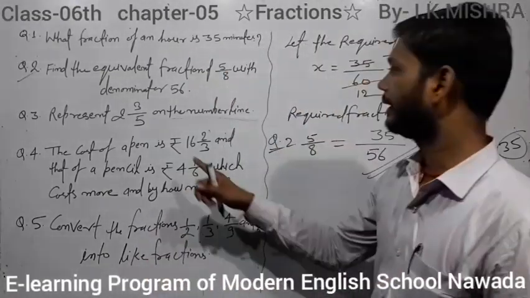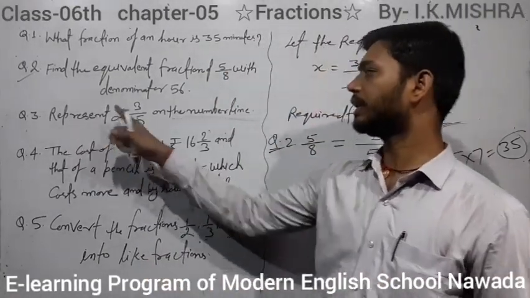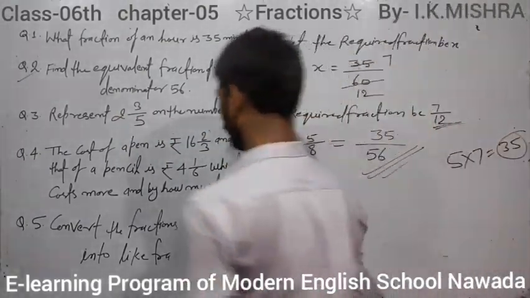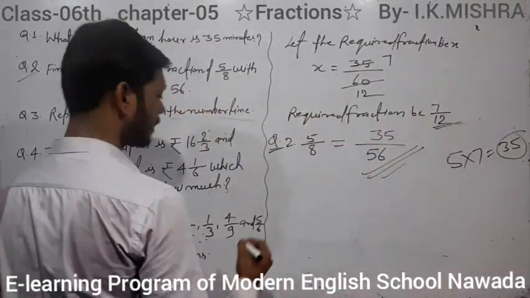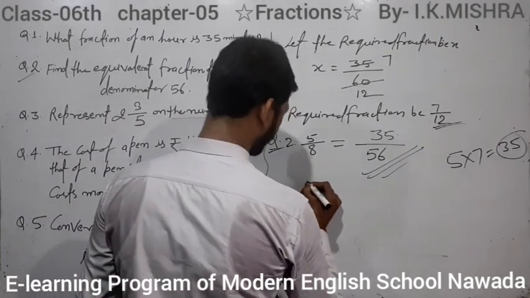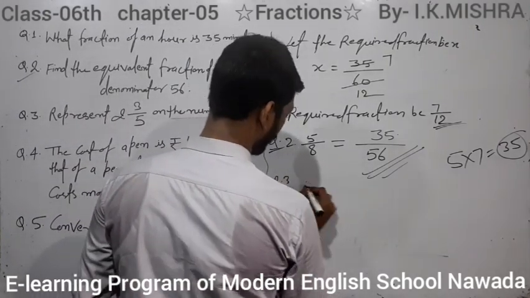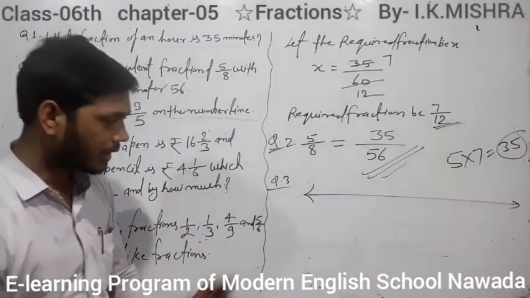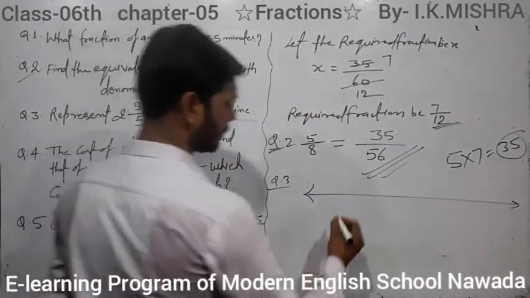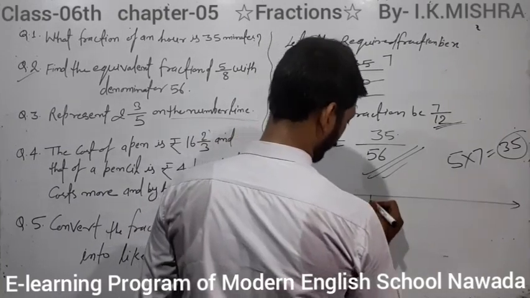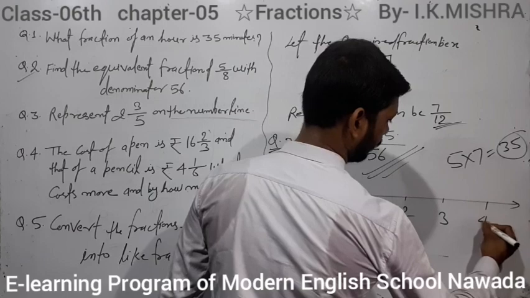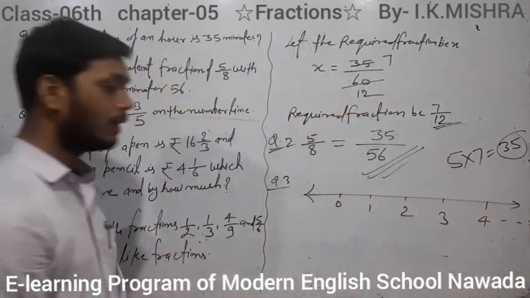Here students, in question 3, represent 2 whole 3 by 5 on the number line. I think you know the representation of fraction. First of all draw a line and represent the numbers 0, 1, 2, 3, 4 and so on.